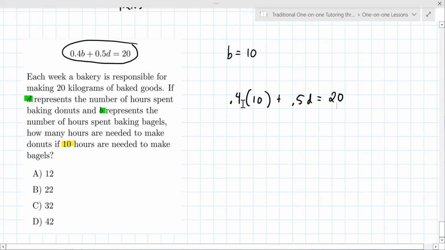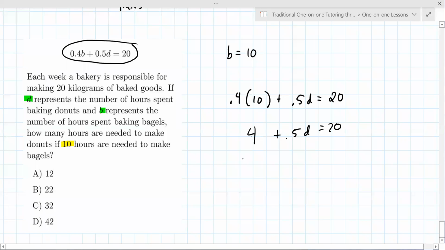Try again. Do you have a calculator, right? I checked it. It's not 40, it's 4. So 4 plus 0.5D equals 20.